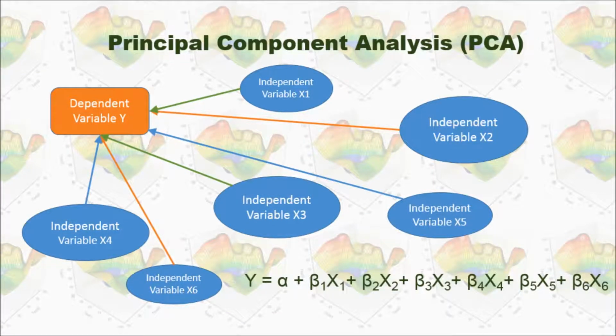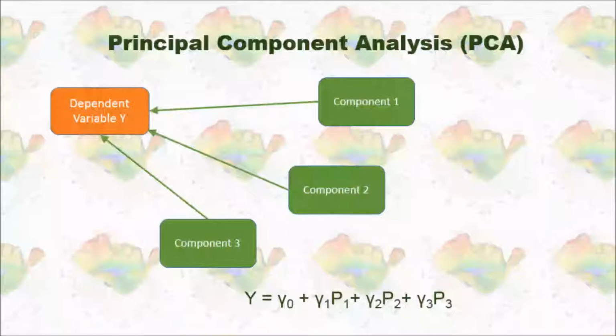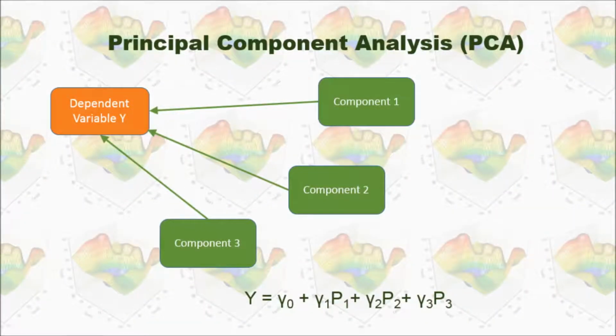With principal component analysis, it works a different way. From the beginning, we also have 6 independent variables. With principal component analysis, instead of getting rid of 1 or more independent variables in our analysis, we convert them into principal components.